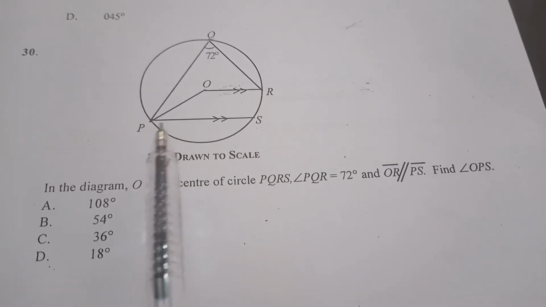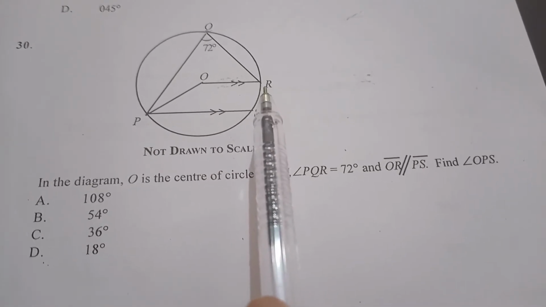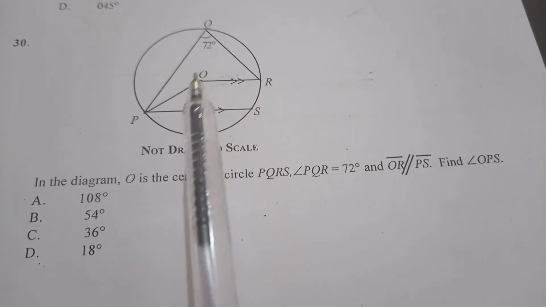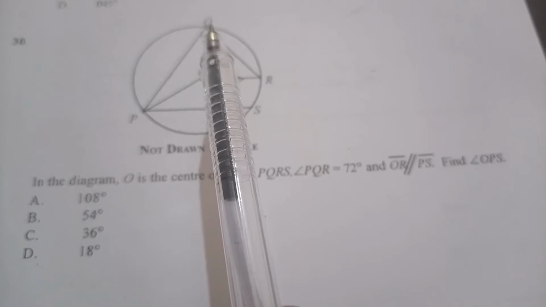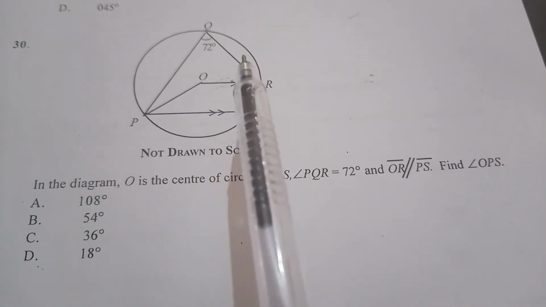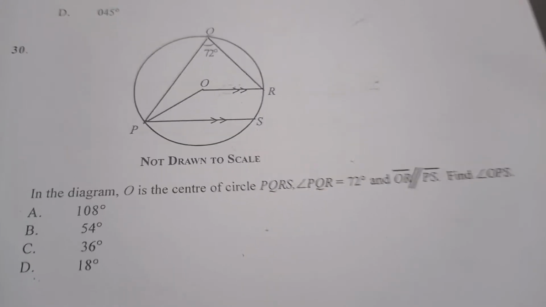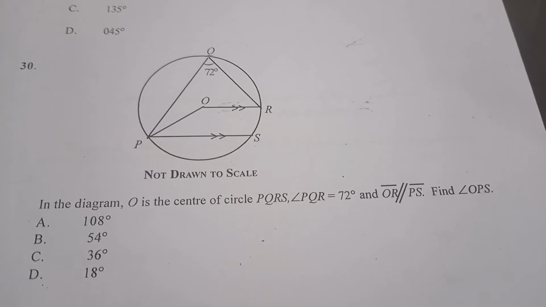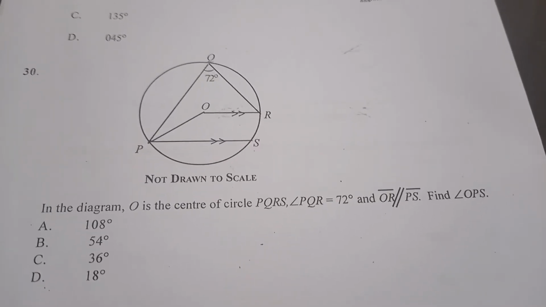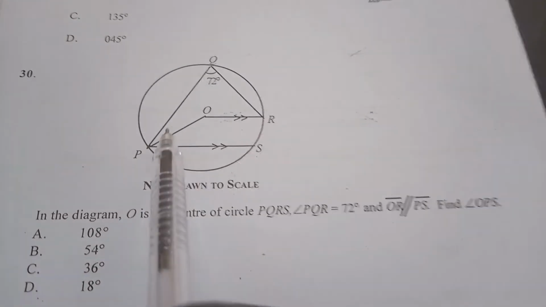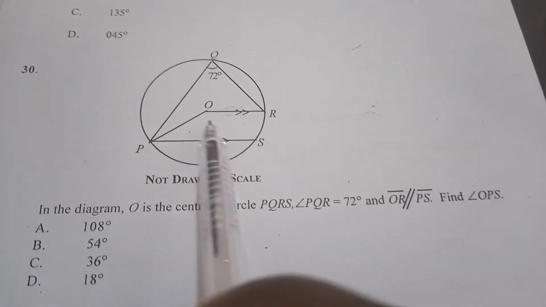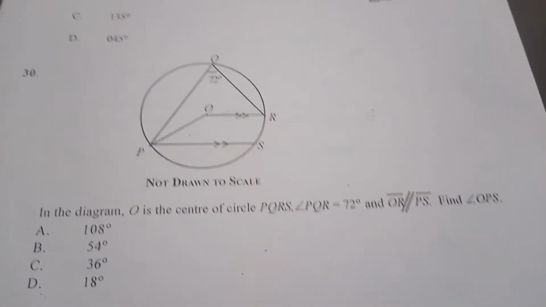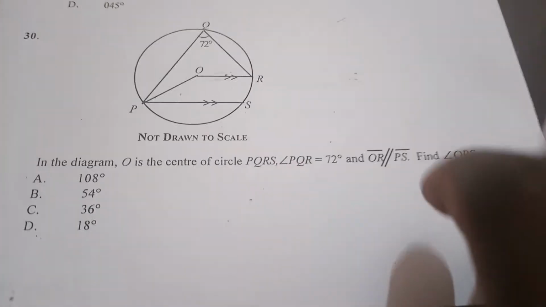So it means that PR is a chord which subtends an angle at the center of the circle, and the same chord subtends another angle at the circumference of the circle O. So taking chord PR, which you can use your pencil to join here with a broken line, you see that, let's work it together.